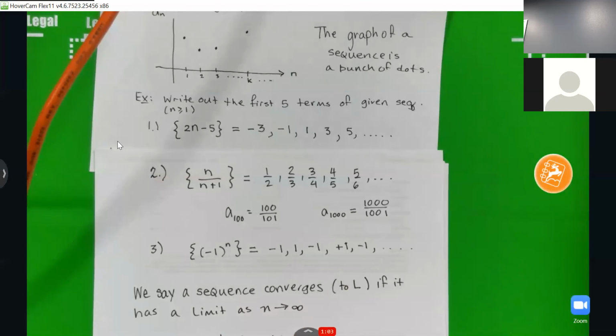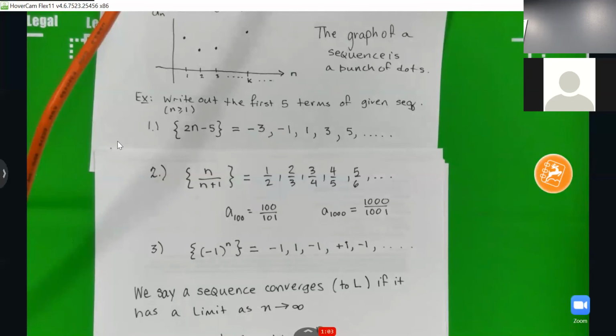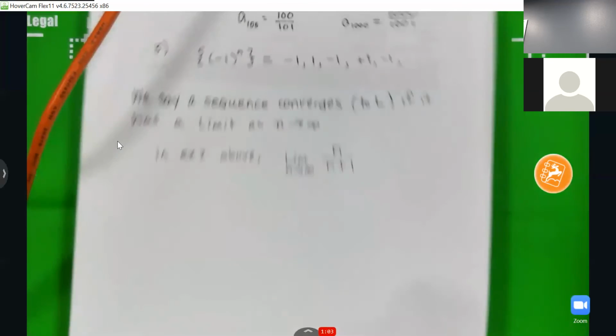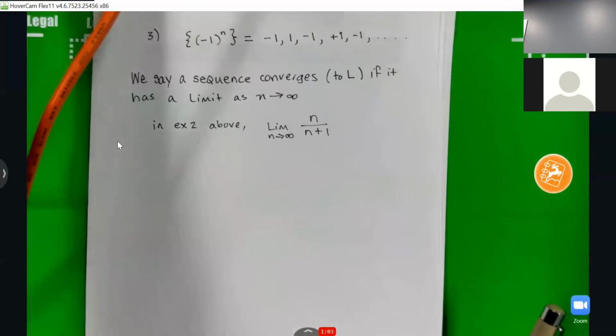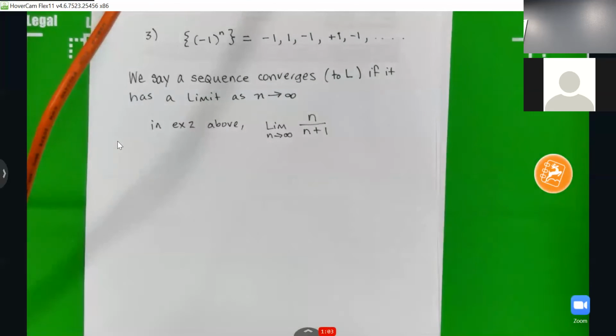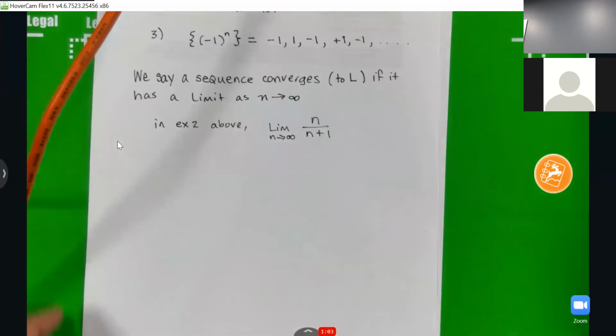If we take the limit as n goes to infinity of n over n plus 1, get up here, paper. You remember doing those limits in calculus?